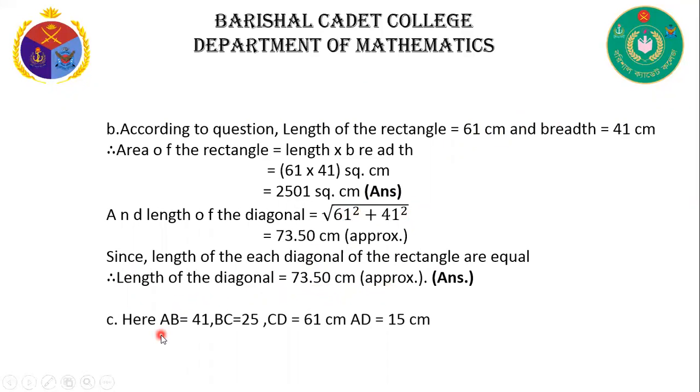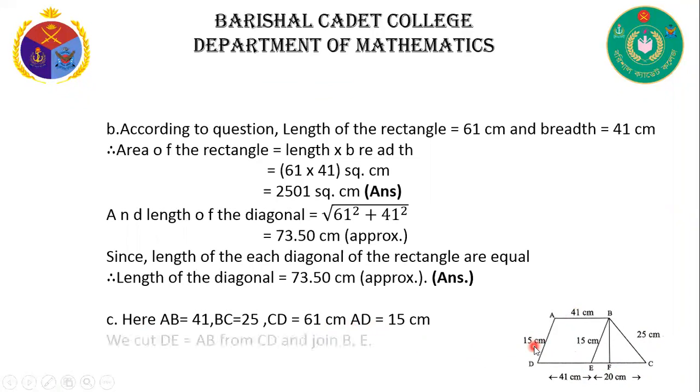Now question number C. Here given AB is equal to 41, BC is equal to 25, CD is equal to 61, and AD is equal to 15 centimeter. Now we cut DE from CD equal to AB and join BE.